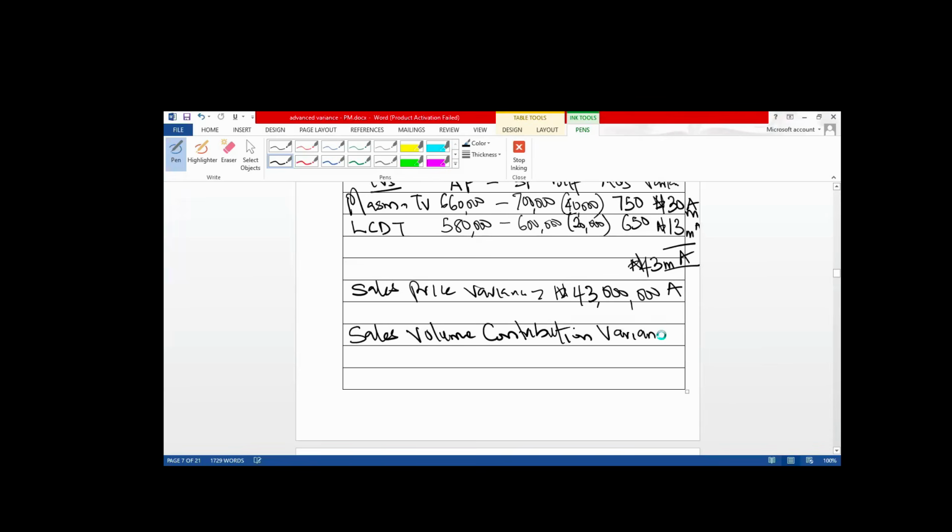What is the formula here? Actual quantity sold minus budgeted quantity, multiplied by standard contribution.